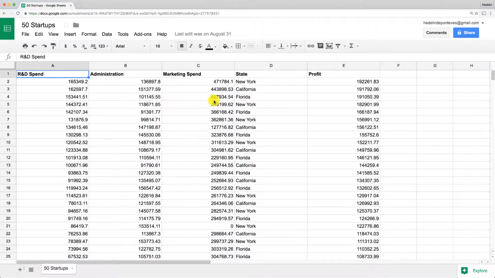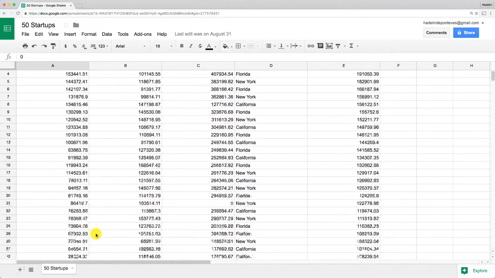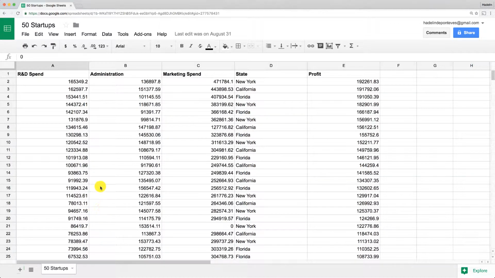We've only got 5 columns, but the real interesting thing about this data set is that it's a very realistic, lifelike business challenge. So you've got 50 companies in total, and what they have is some extracts from their profit and loss statements, from their income reports.